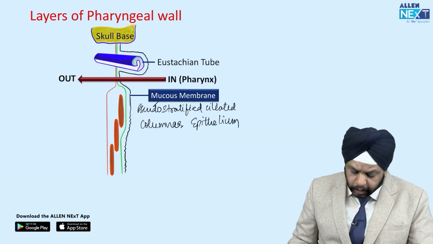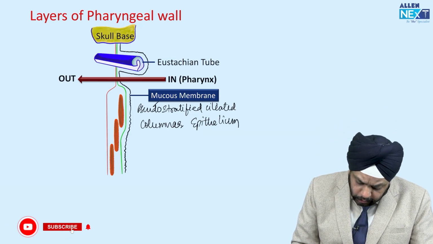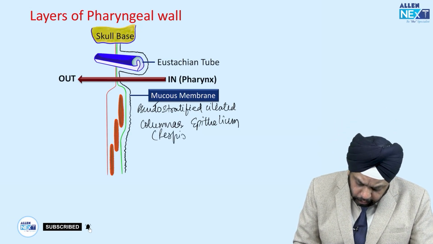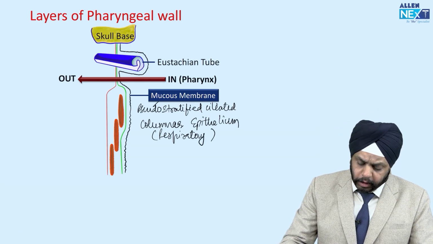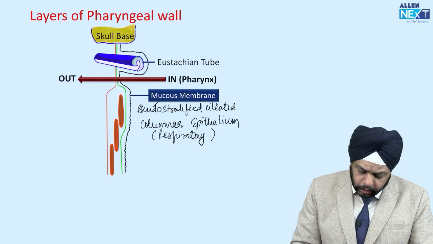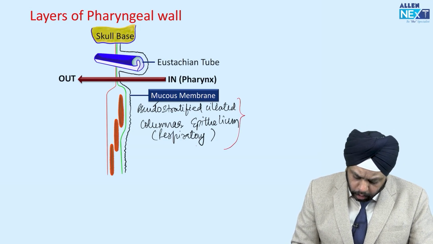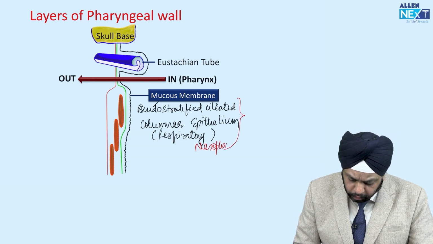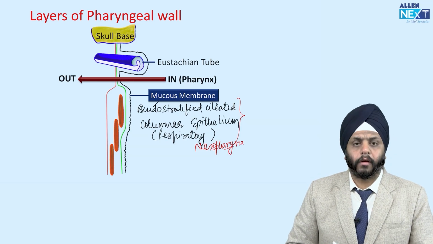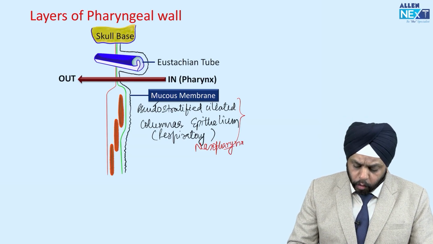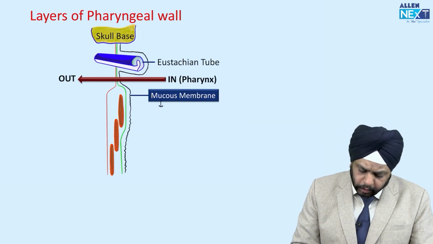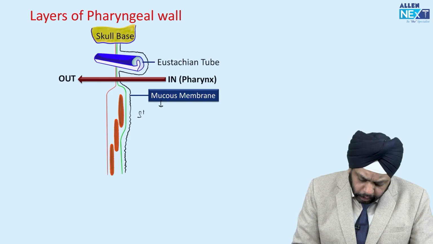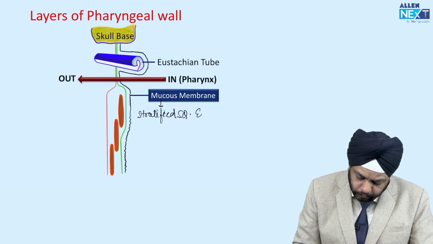So obviously, we have the respiratory epithelium, that is the pseudo-stratified ciliated columnar epithelium. But this epithelium is majorly limited to what we call as nasopharynx. Okay. Now, in the oropharynx or the hypopharynx, this is replaced by stratified squamous epithelium.